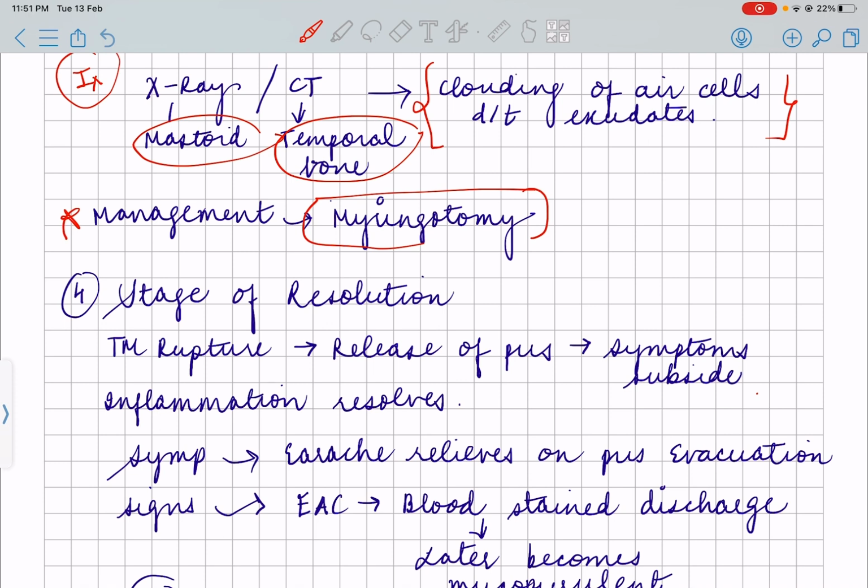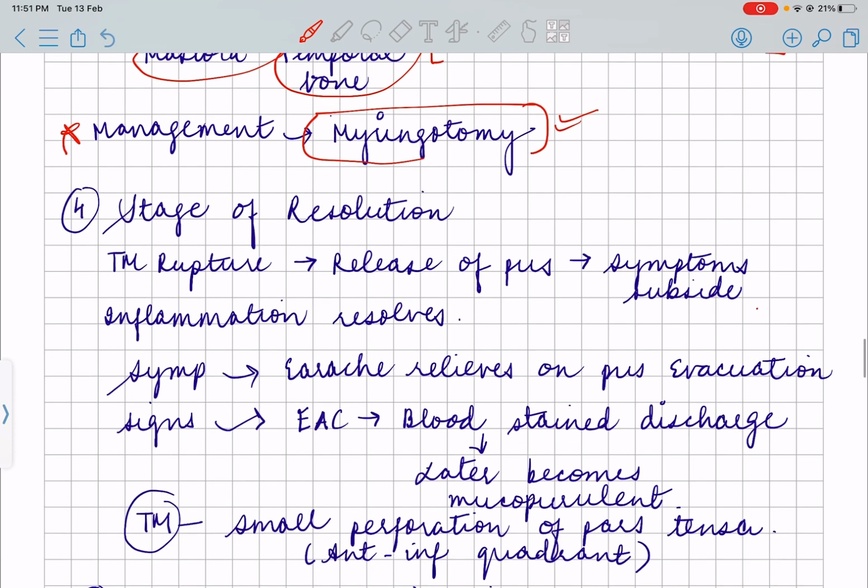So basically, myringotomy involves taking an incision over the tympanic membrane to evacuate the pus in impending cases of rupture, especially when the drum is bulging and there is acute pain. When there's an incomplete resolution despite antibiotic therapy, or it can also be preferred in cases of persistent effusion. So all of these are indications of myringotomy.